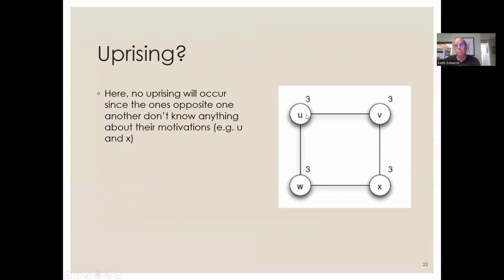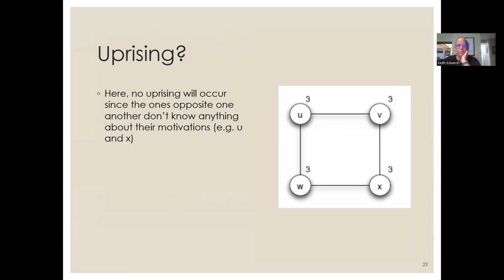This one is a little bit different because U knows V needs 3. W knows that X needs 3, and V also knows that X needs 3, but U doesn't know anything about X, doesn't know what X is going to do because they're not connected. Same with V and W. They don't know what each other is going to do.